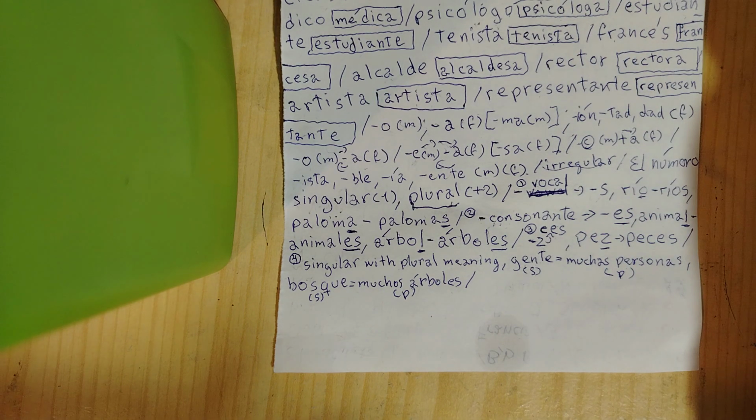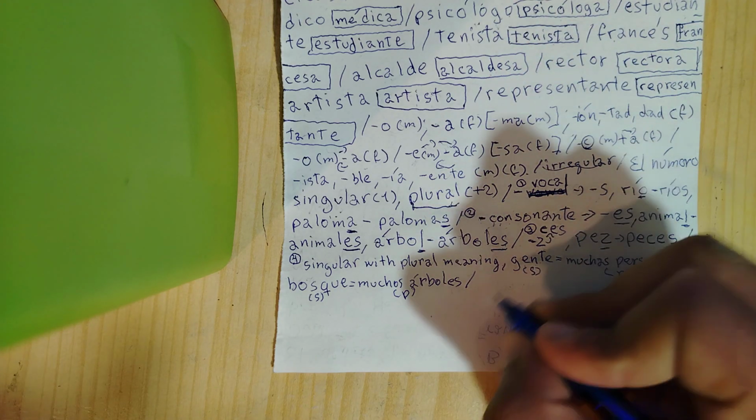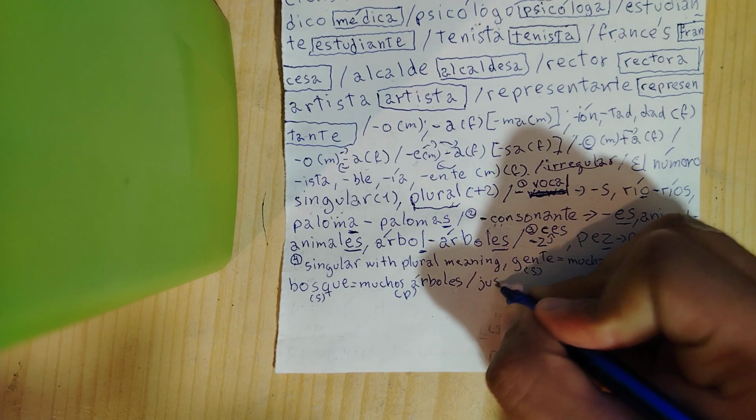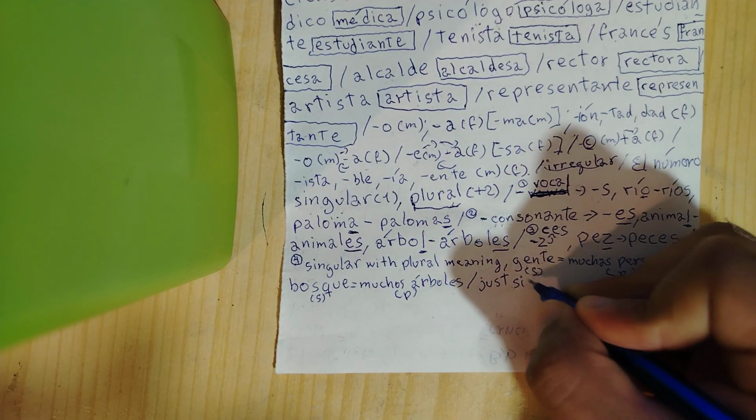There are some words that are just singular. Those words don't have a plural counterpart. They don't have it. For example, let's put just singular.